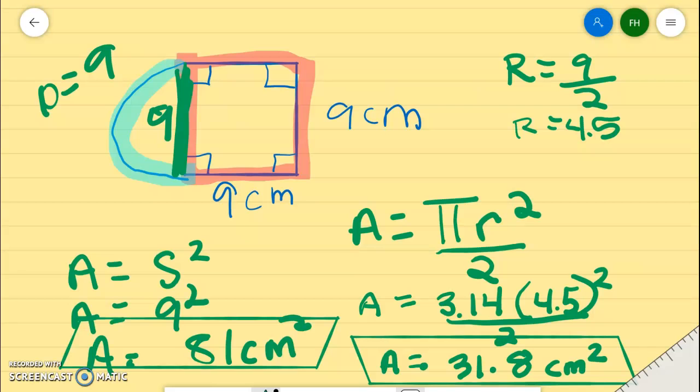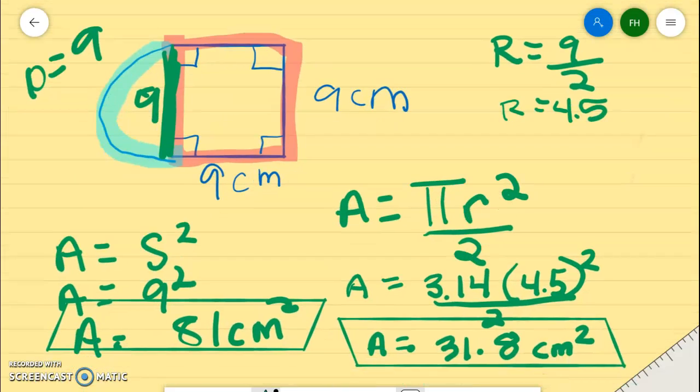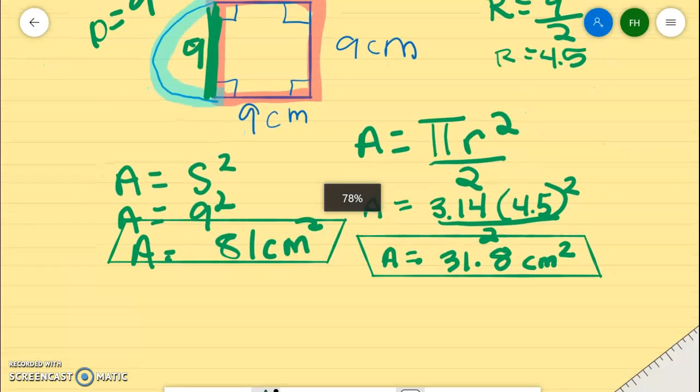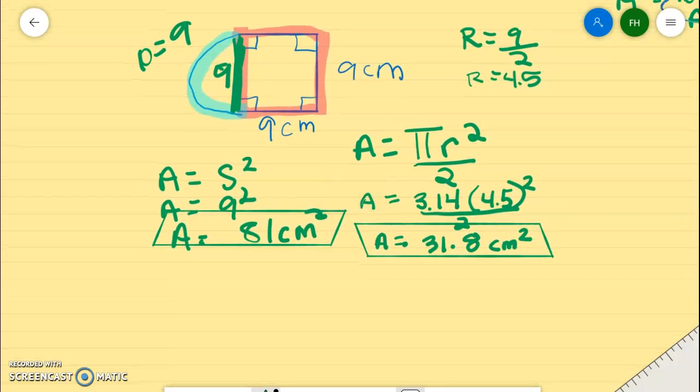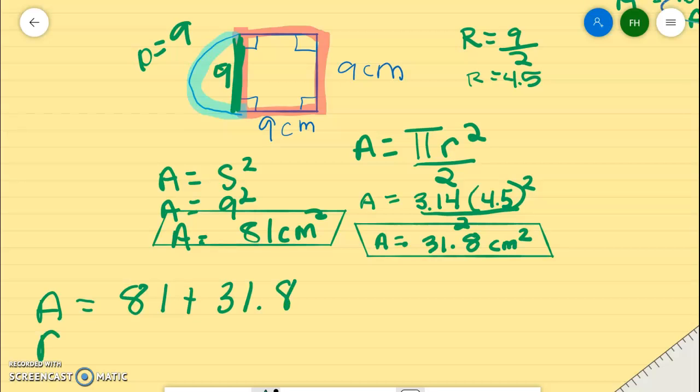Remember, we have to add these two numbers up to find the area of both shapes. So 81 plus 31.8 equals 112.8 square centimeters.